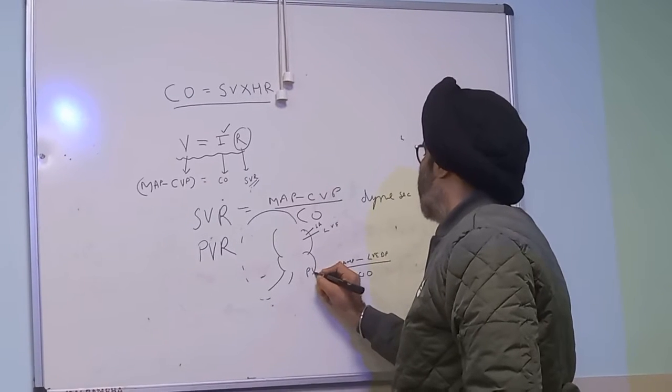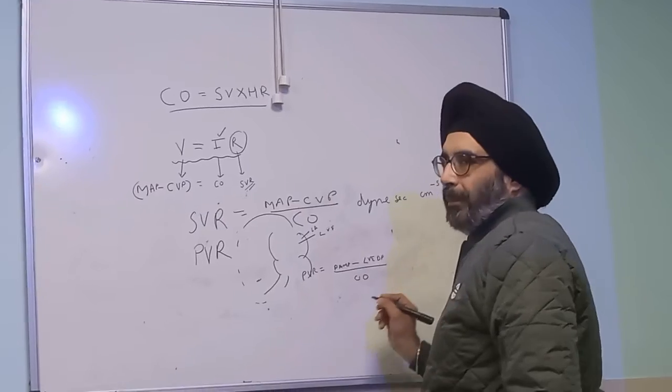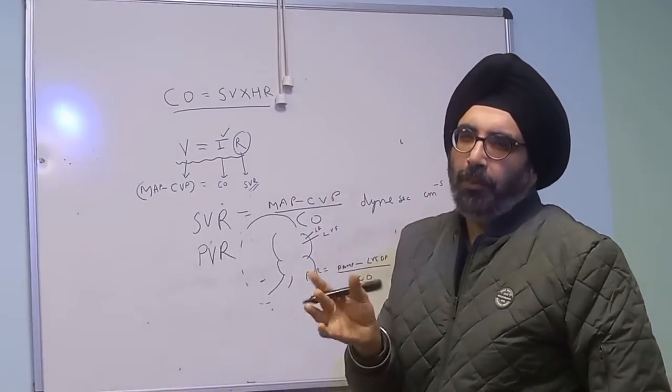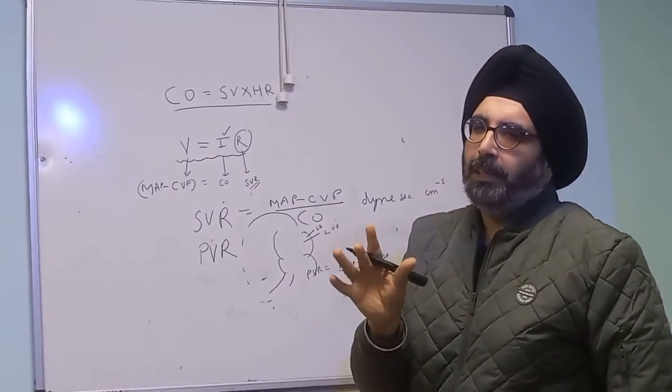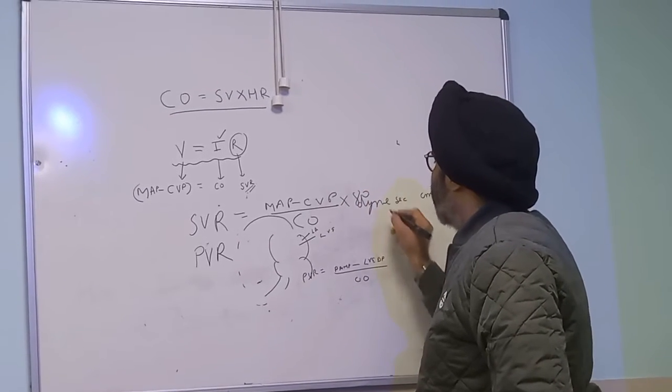Similarly, we have the PVR, and this would be something like around 100 to 150. The unit is dynes, and 80 is the conversion factor here.